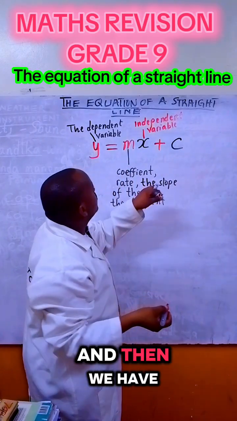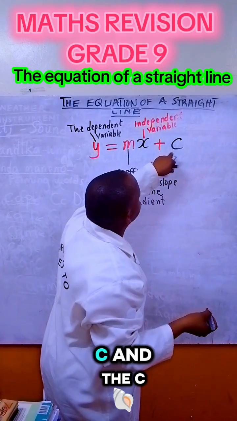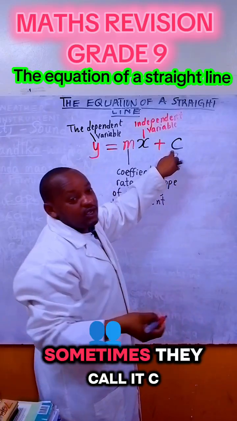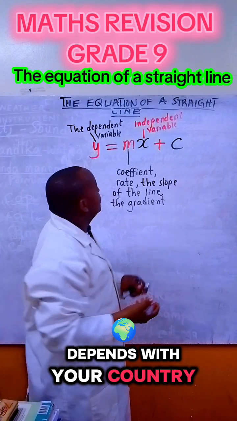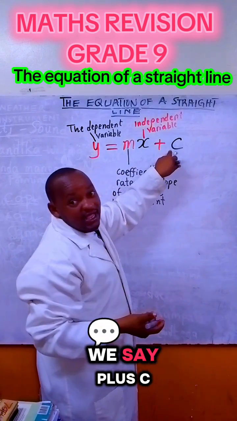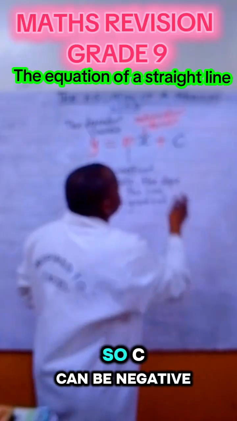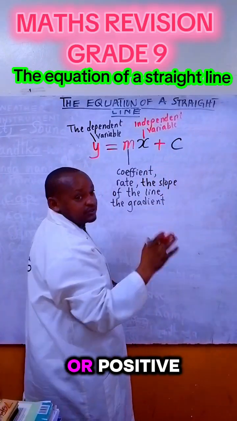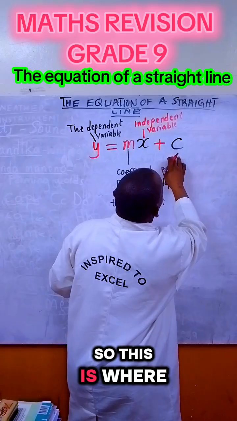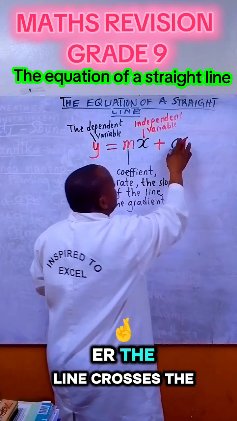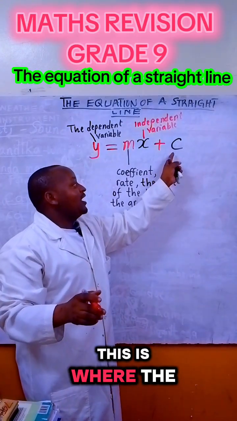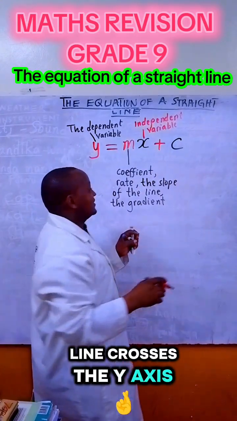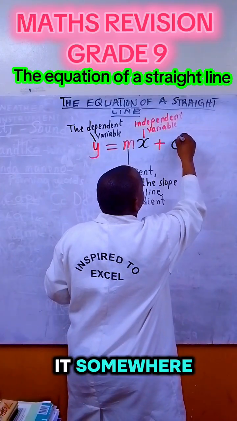And then we have c, and sometimes they call it c or b. It depends on your country. In our country, we say plus c. It can be negative or positive. This is where the line crosses the y-axis, so you can write it somewhere.